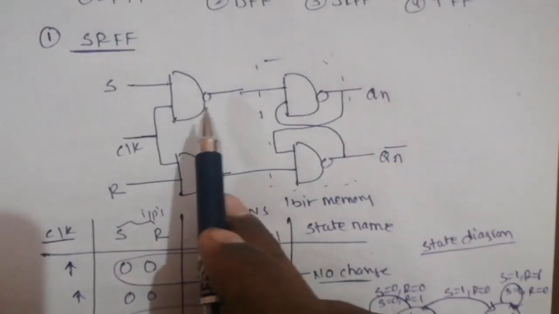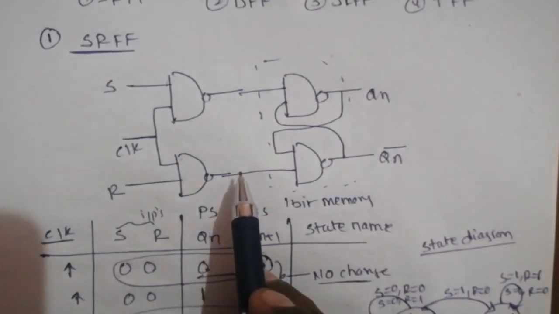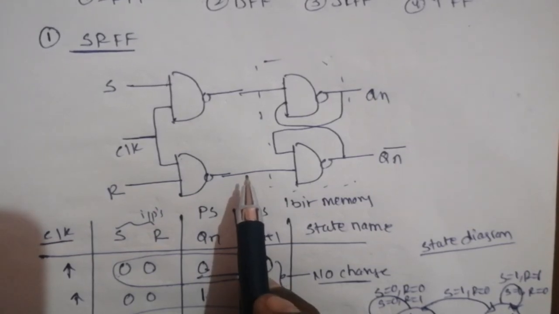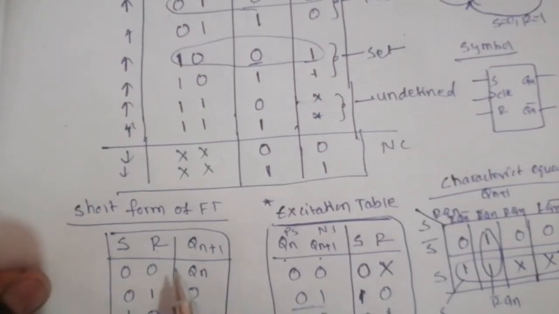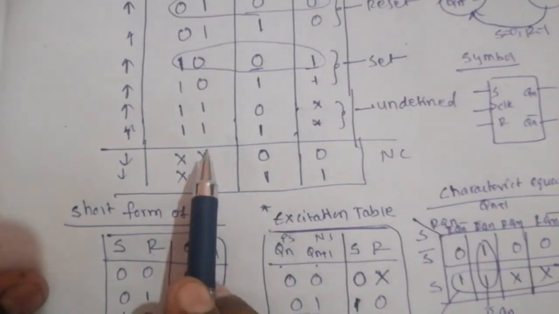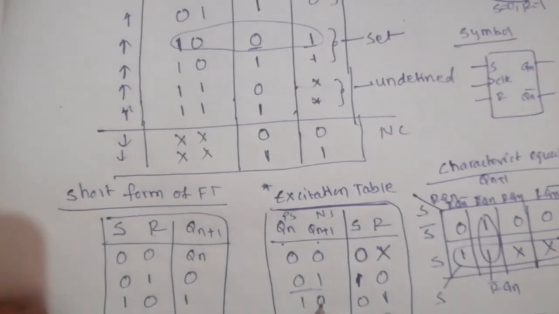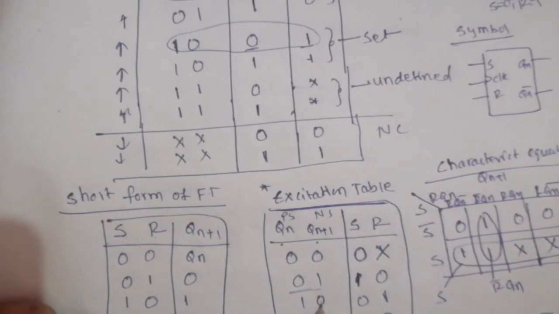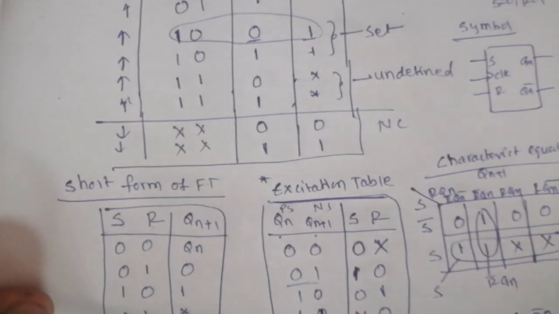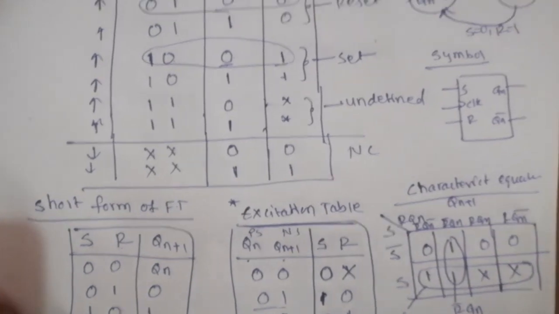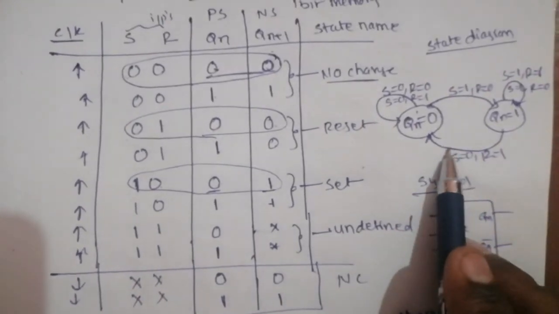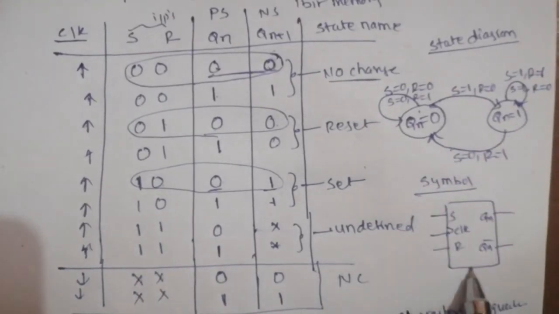So for every circuit, you have to take its circuit diagram, then write the operation from yesterday's class, then the truth table, then the short form of the truth table, then the excitation table. The truth table and excitation table must be remembered for solving problems. After that, the characteristic equation, for competitive examinations, then the state diagram, and its corresponding symbol.